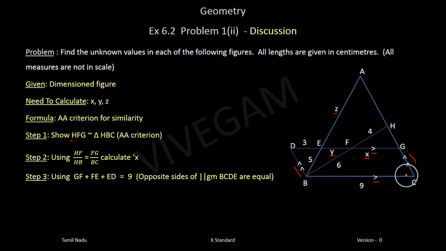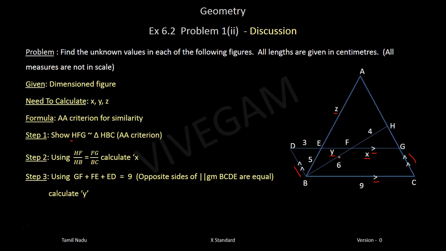So BC will be equal to, see, these two sides are parallel and these two sides are parallel. So BCGD is a parallelogram. Okay, that's the first thing you have to make. Then in this parallelogram opposite sides are equal, so BC will be equal to GD. But what is GD? X plus Y plus 3. So from which Y can be calculated.